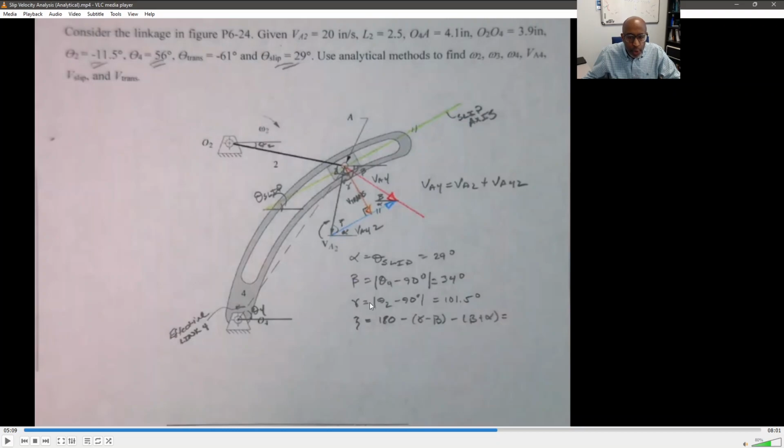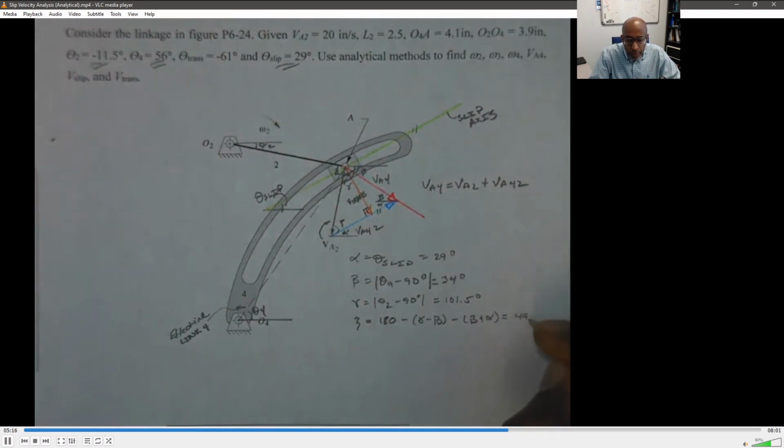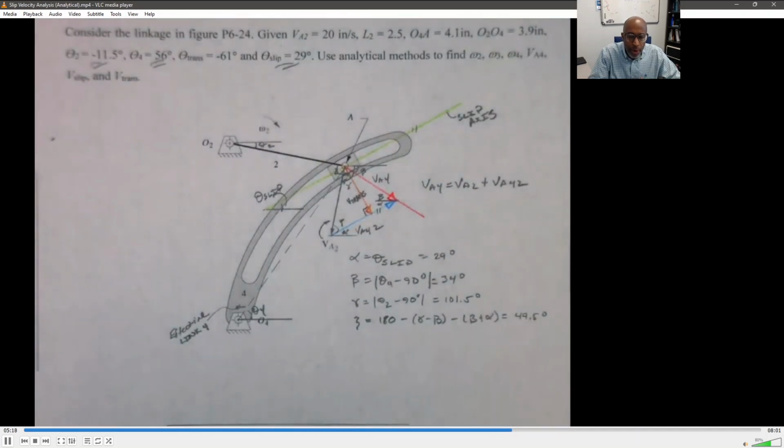So sigma should be equal to 180 minus this angle and this angle. And so I have both the angles there. So we end up with a sigma that is equal to 49.5 degrees. So now we know all of the angles within that triangle.